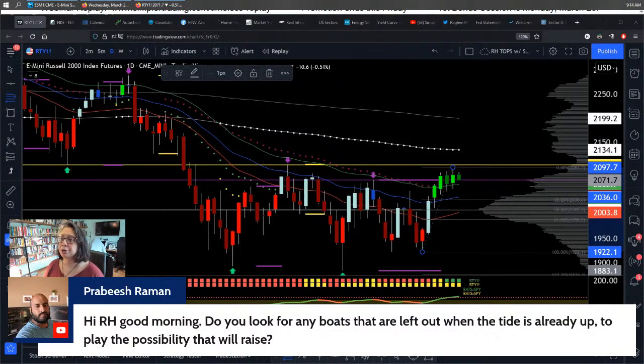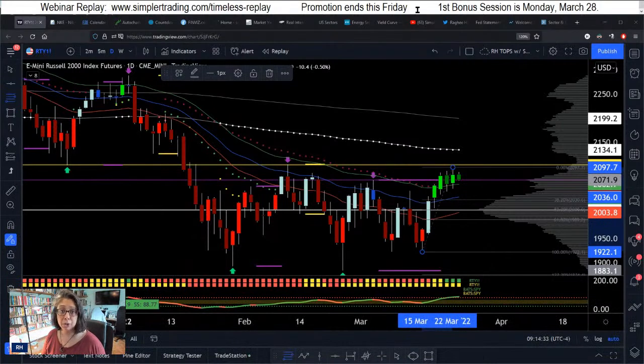Next up, Prabish: do I look for any boats that are left out when the tide is already up? So laggards, right? And play the possibility that they will rise. Prabish, I will think about that sort of as a second choice. I'd rather play boats that are more in sync with the tide. However, if none of those boats are within striking distance, then we'll look for what's left, right?